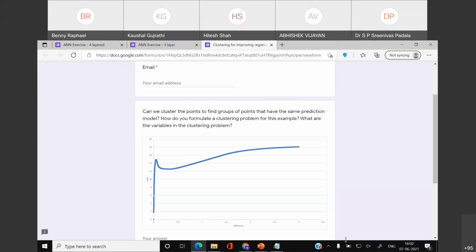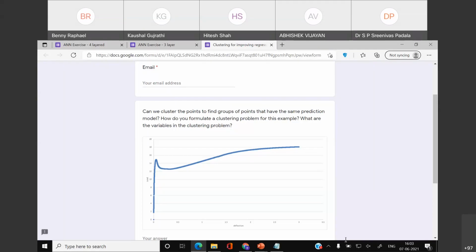But anyway, most of these exercises which I give, there is no right answer or wrong answer. It depends on the context, but I'm just giving you my interpretation. Load is not a very good variable in this clustering problem.